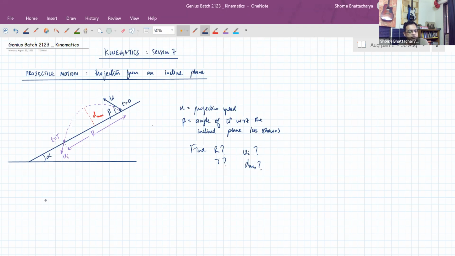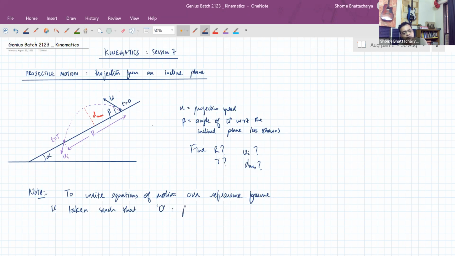So the method that we apply over here, to write the equations of motion, is that our reference frame is taken such that, once again, the origin is the projection point, the x-axis is down the inclined plane, and the y-axis is normal, perpendicular to the inclined plane.